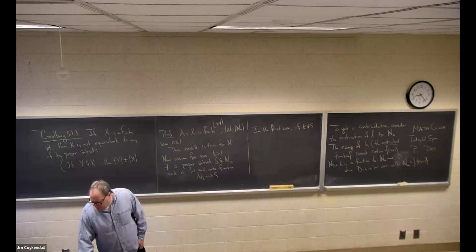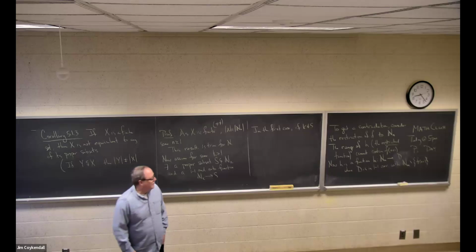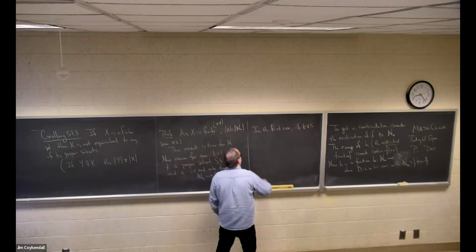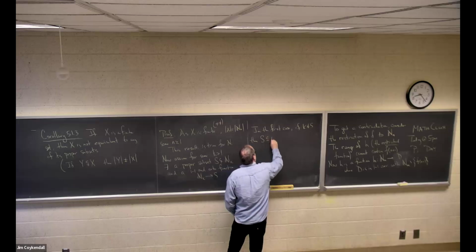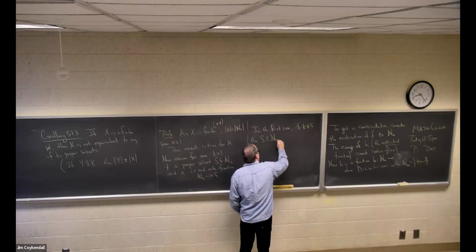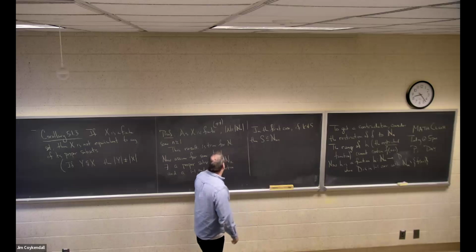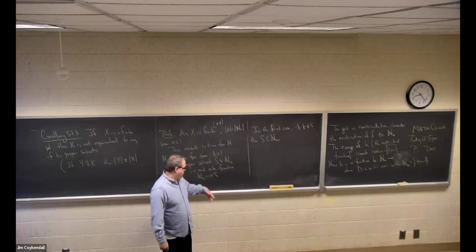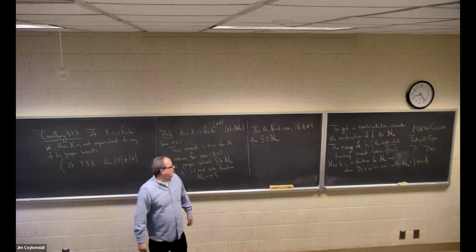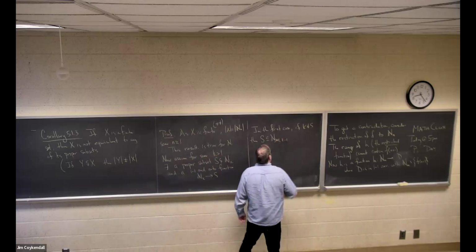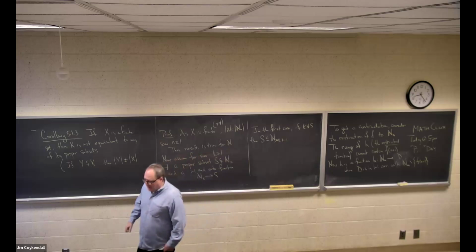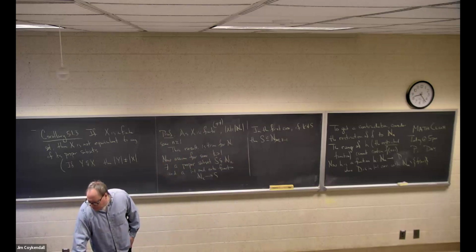Then we can construe S as a subset of N sub K minus 1. If NK is not in there, then it's a proper subset of N sub K minus 1.